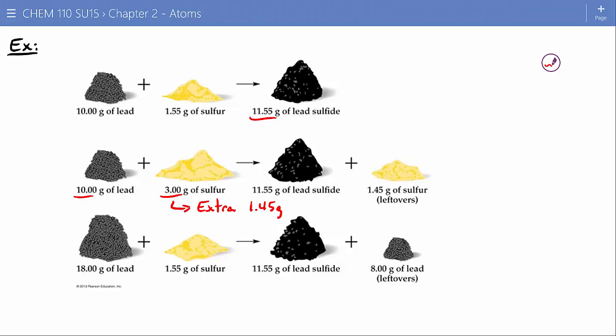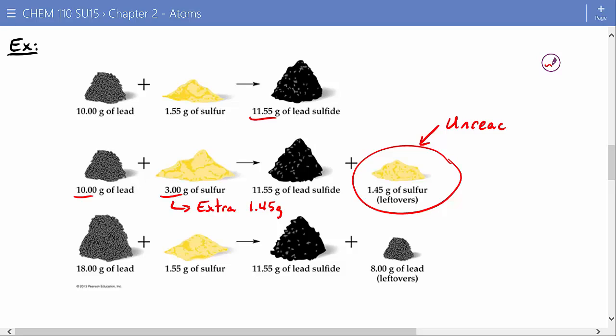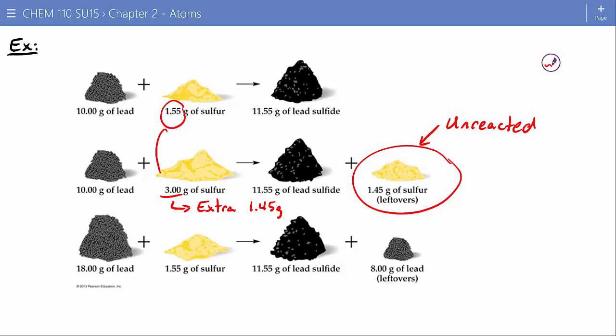The law of defined proportion says even though you have extra, it's not going to react, right? Because it's in a defined ratio. If you have extra, it's just going to be left over at the end. So this is unreacted. So really what we're doing is we're comparing this amount to that amount, and we're saying we've got an extra 1.45 grams. In this case, that's just considered excess reagent.